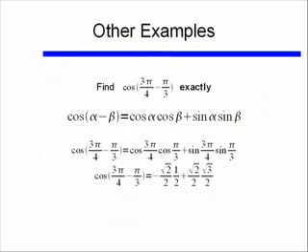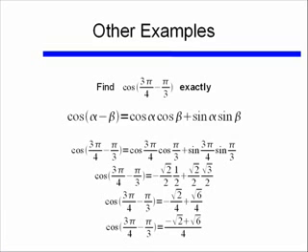Going back to our difference identity, we have cosine of 3 pi over 4 minus pi over 3 equaling negative square root of 2 over 2 times 1/2 plus square root of 2 over 2 times square root of 3 over 2. Doing our multiplication and then adding, we find that cosine of 3 pi over 4 minus pi over 3 is equal to negative square root of 2 plus square root of 6 all over 4.